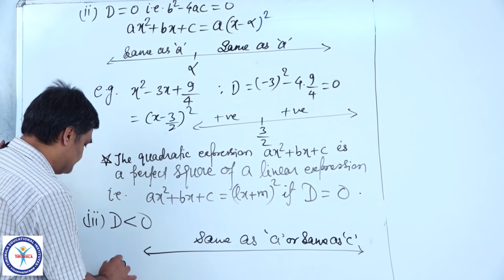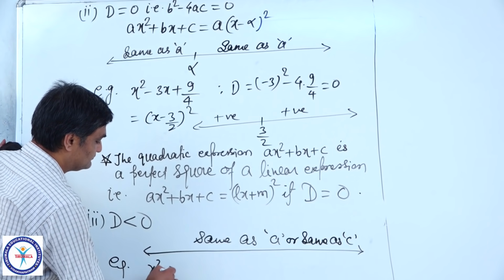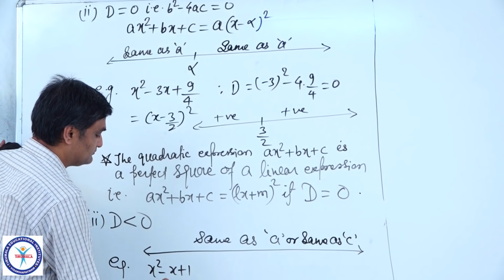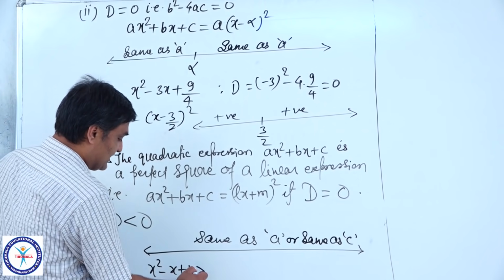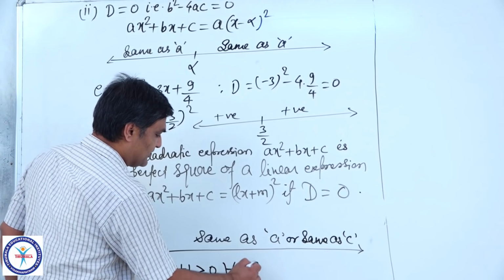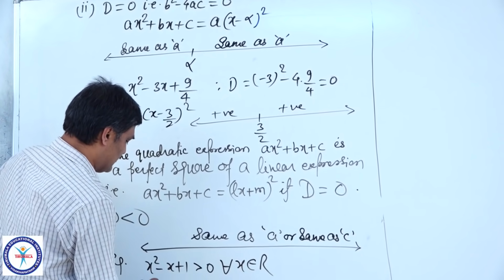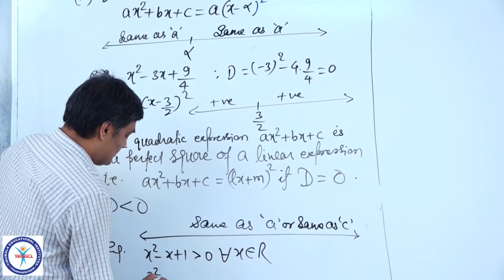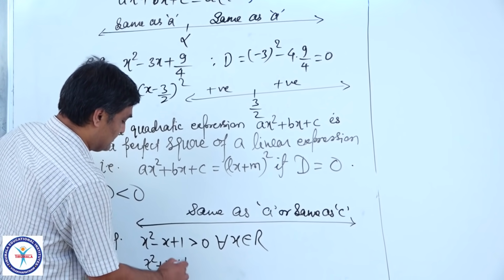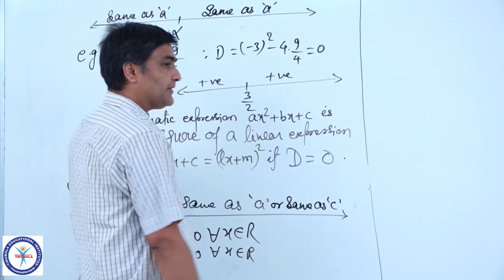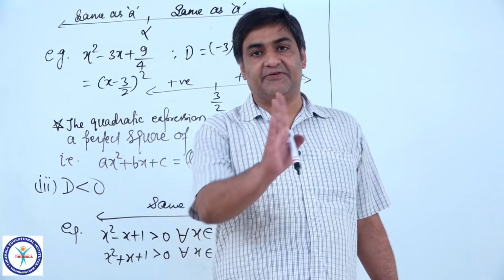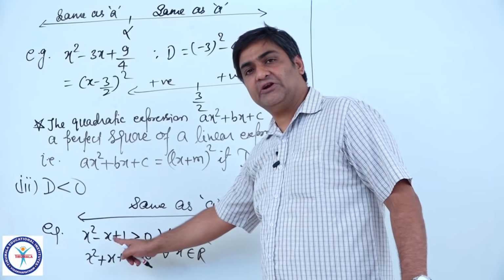For example, d less than 0, so it is greater than 0 for all x belonging to R, x square plus x plus 1 it is also greater than 0 for all x belong to R. Means these expressions are always positive.